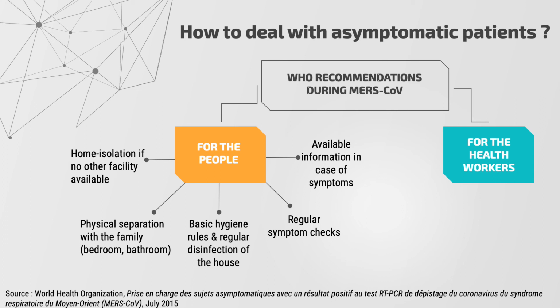During home isolation, it's recommended that the patient who tested positive be physically separated from anyone living together with them, and of course follow basic hygiene rules and regular disinfection of the house. And of course, regularly check the symptoms of anyone in close proximity to the infected patient. And lastly, to have information available for the people just in case they have some questions or need to consult with someone.